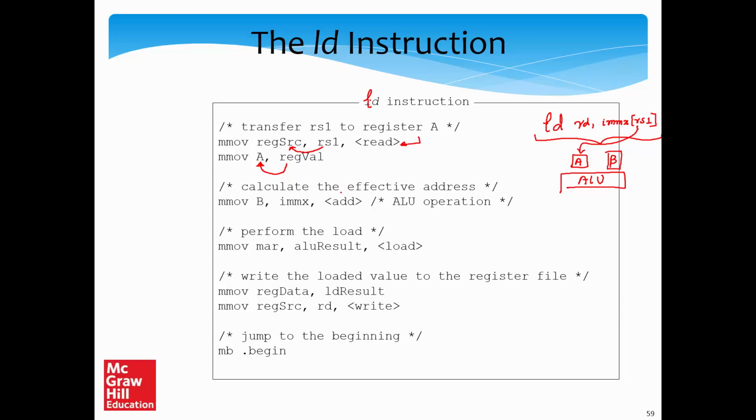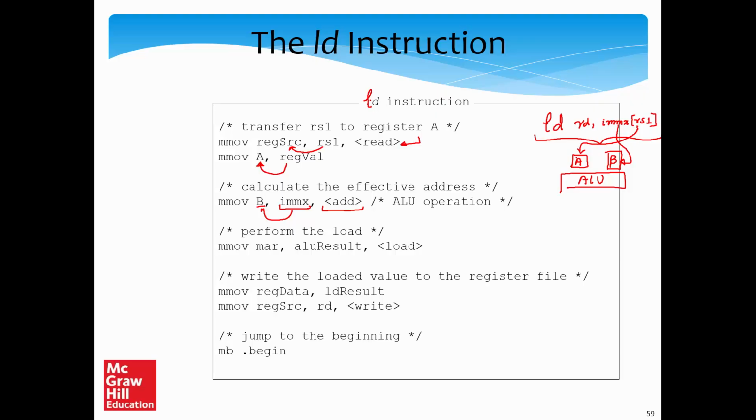Subsequently, we calculate the effective address, which is the contents of the RS1 register plus MX. Well, not the RS1 register itself, since RS1 contains an ID of a register, so the contents of that register plus MX. So we move MX to B, and in parallel, we issue an ALU add operation to compute the memory address.